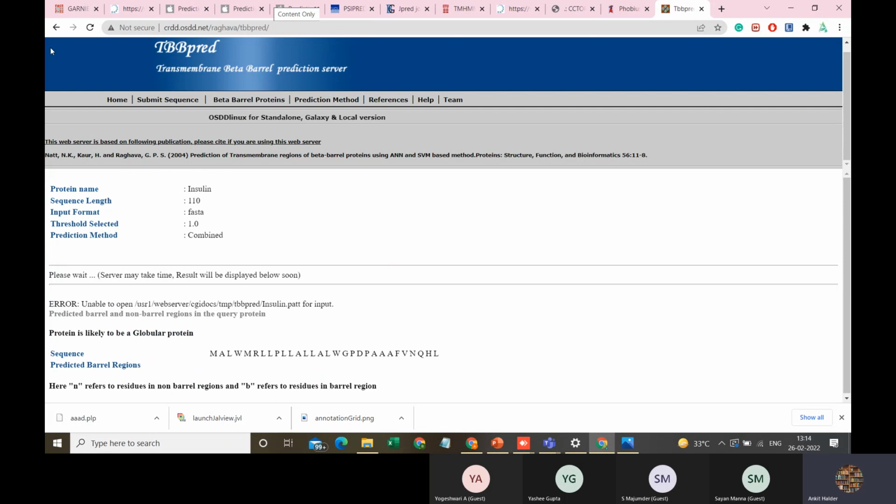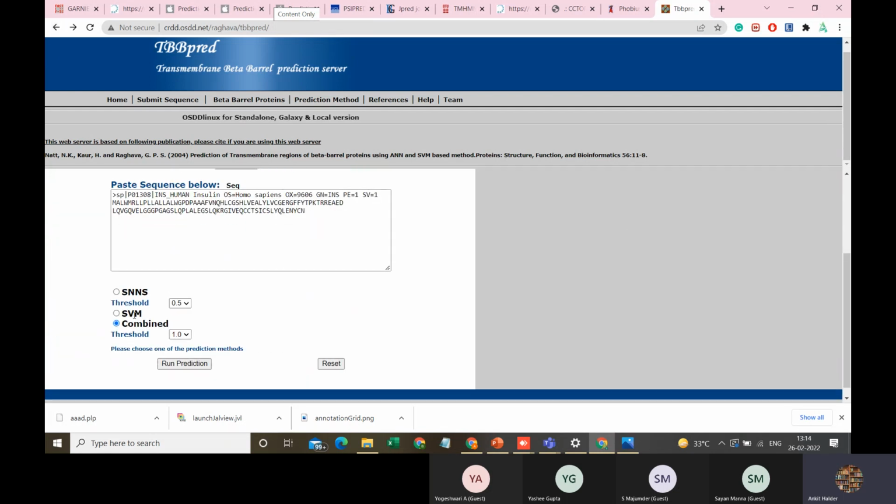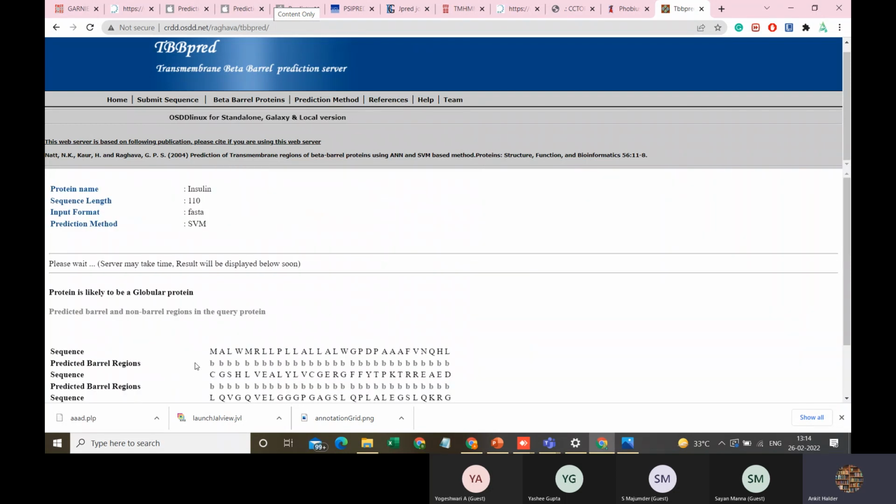If we just change this algorithm as well, here you can see that it is predicting something. So if we change the prediction method, there will be a change.